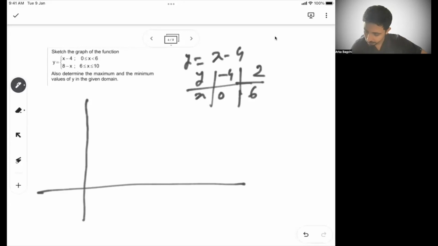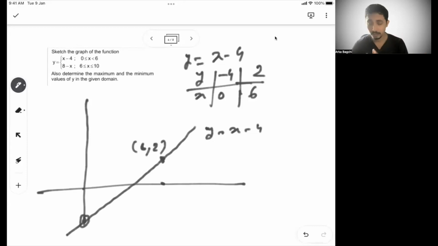When x is 0, y is minus 4 at this point, and when x is 6, y is 2. So the graph will go like this. This is x minus 4, and this is the point where x is 6, y is 2.